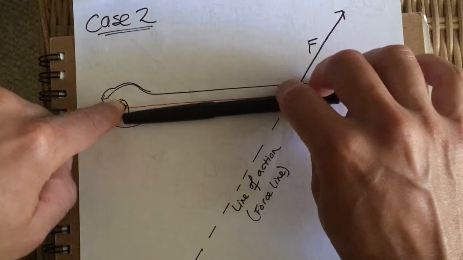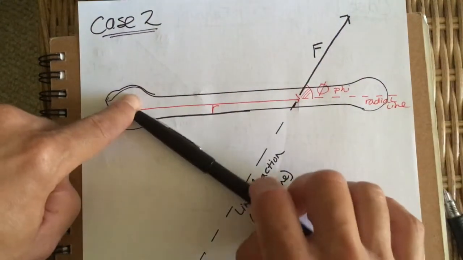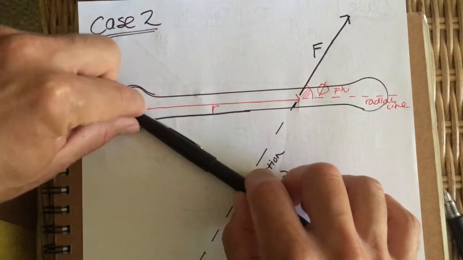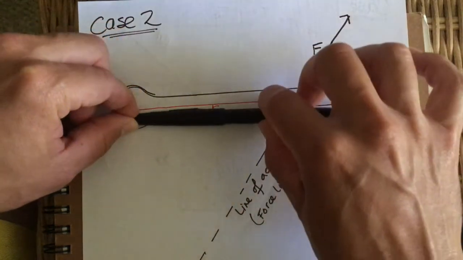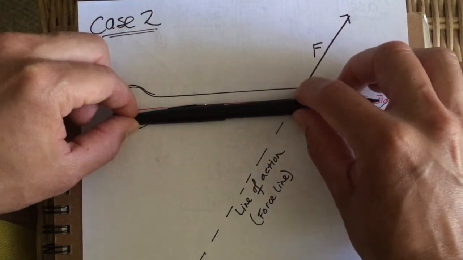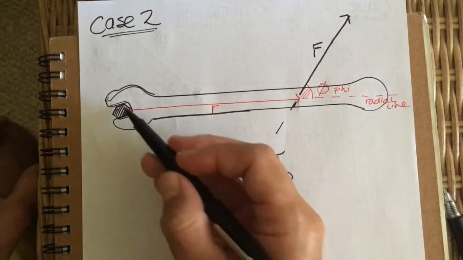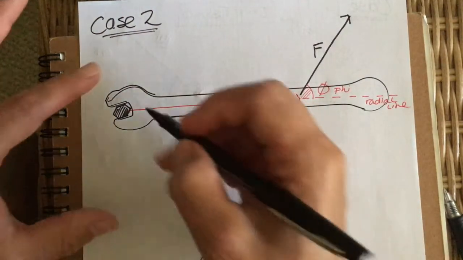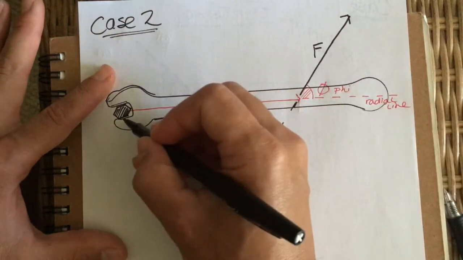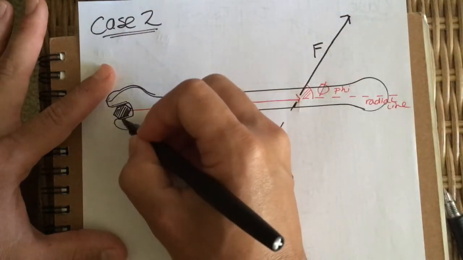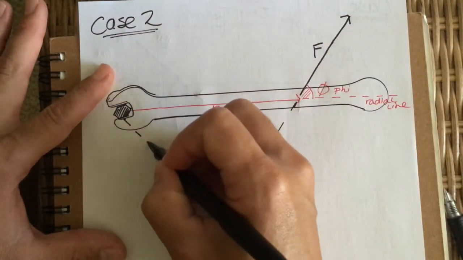So where is the shortest distance? Right here, right? This distance is clearly shorter than this distance up here. You see what I'm saying? So the shortest distance between the pivot and the line of action is a component of R.